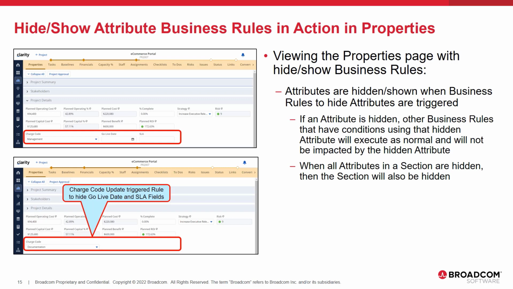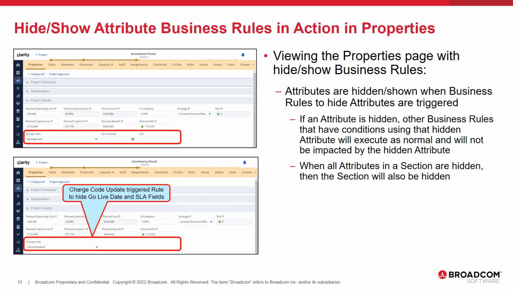And you can see from the lower screen here, the screenshot that I'm showing, once I modified the charge code from management to documentation, you can see that now the go live date and the SLA attributes are hidden in the property screen for this project.